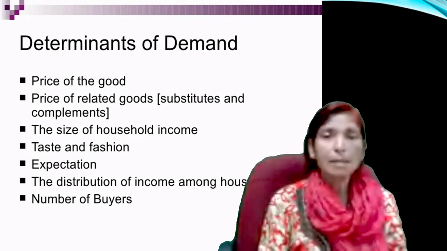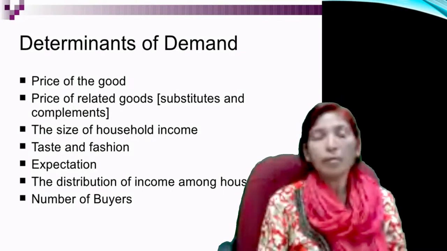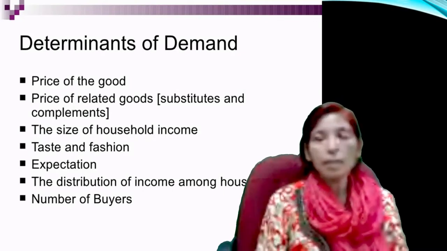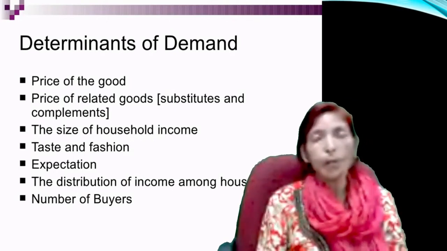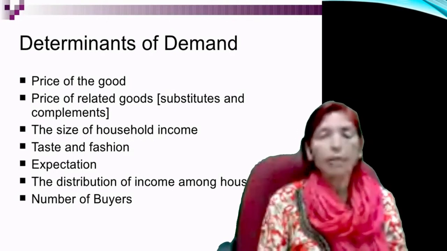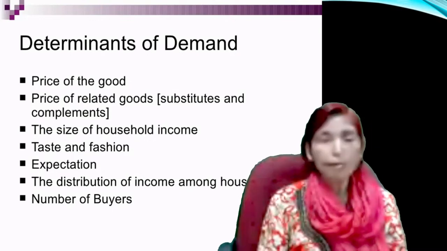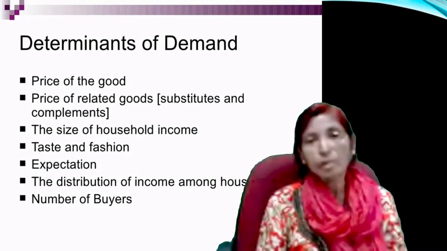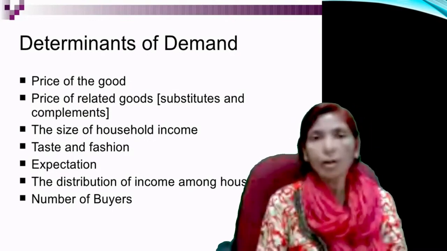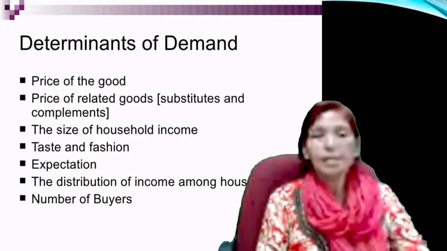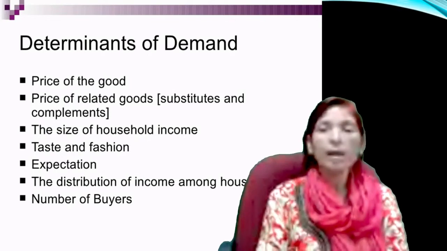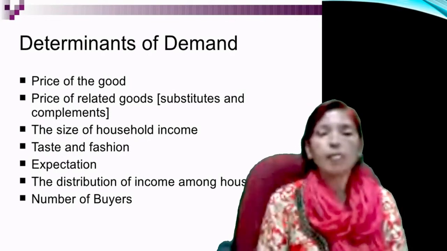If we assume that 20% are rich and 80% are poor, then in aggregate the total demand for a commodity will fall. So distribution of income also affects demand. If distribution of income is equal, then demand will rise, and if it is unequal, then demand will fall.